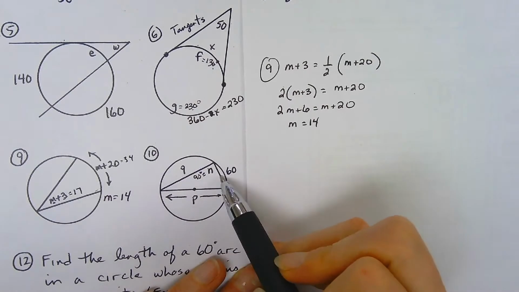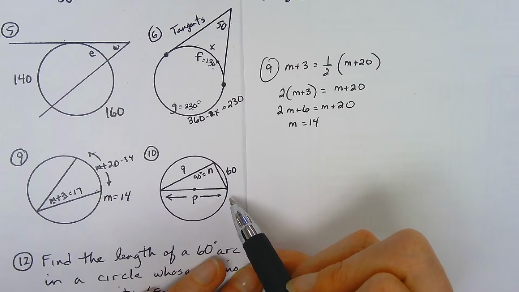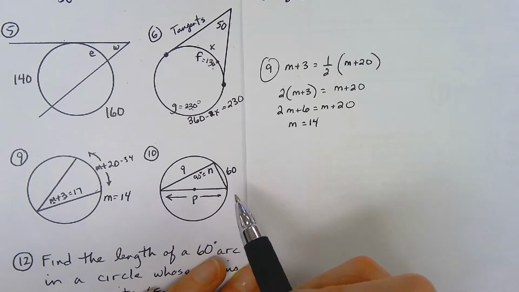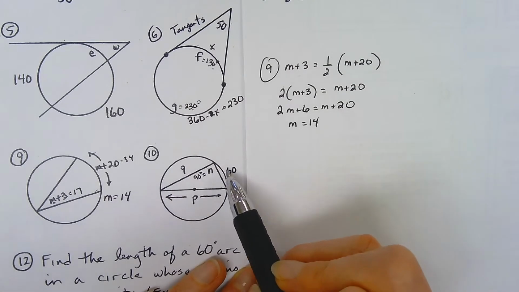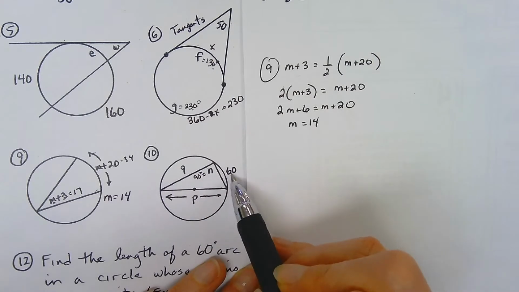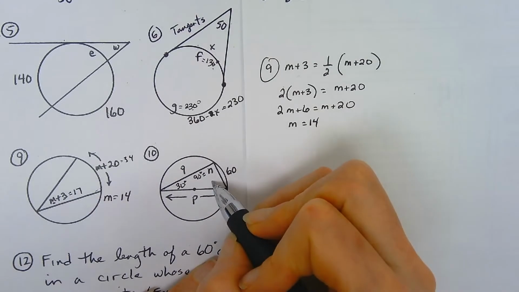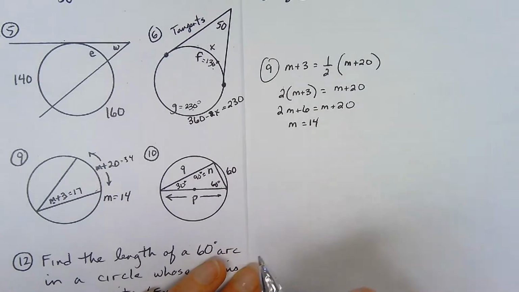So sometimes we can use the Pythagorean theorem, but we don't have the length of this short leg here. Ah, I just gave something away. If we have an arc here of 60, then the inscribed angle on that arc is 30. So this is a 30, 60, 90 degree triangle.